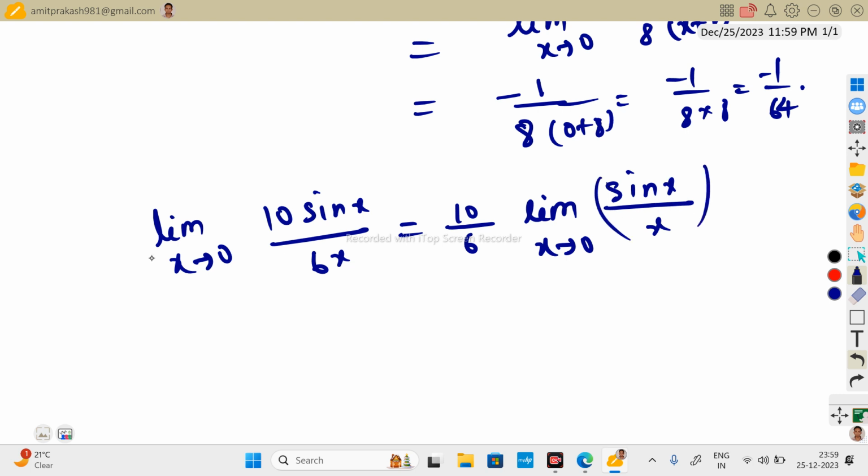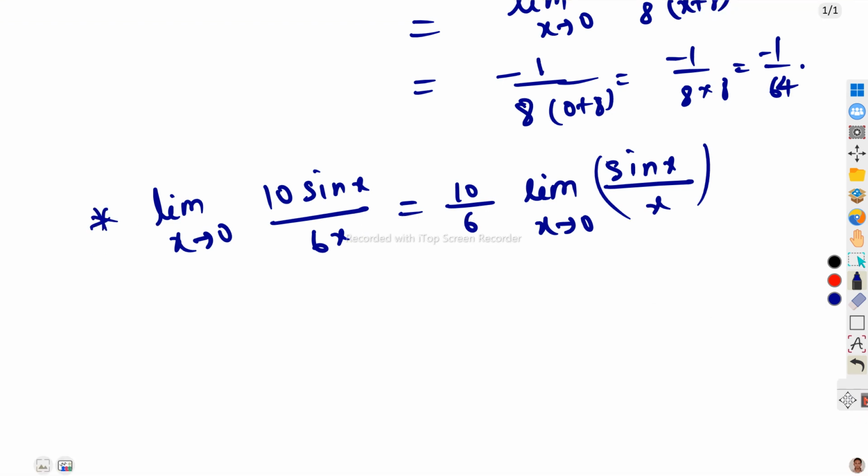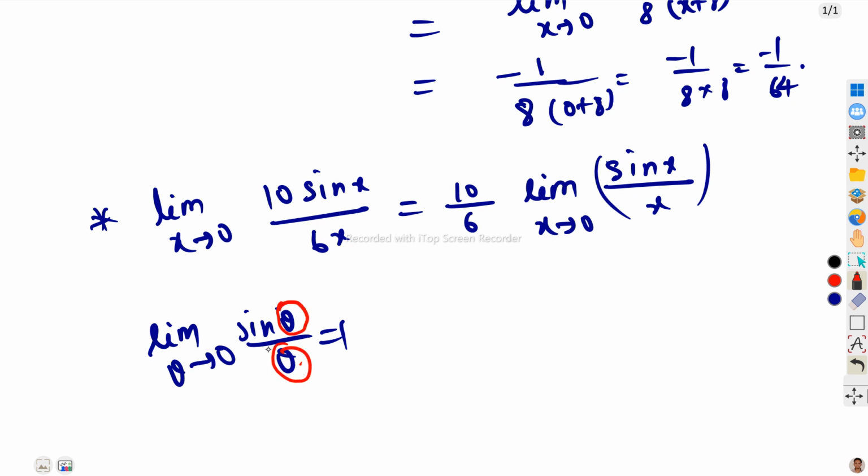And we have earlier seen the formula limit theta tends to 0 of sin theta upon theta equals to 1. So what is the condition of using this formula? The condition is that the angle in the sine and the angle in the denominator must be the same, and this angle must tend to 0.